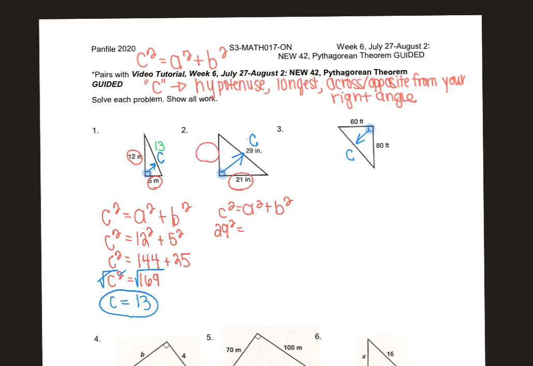Doesn't matter which, I'll make it A. So I have a squared plus 21 squared. All right, 29 times 29 is 841 equals a squared plus 21 times 21, 441.